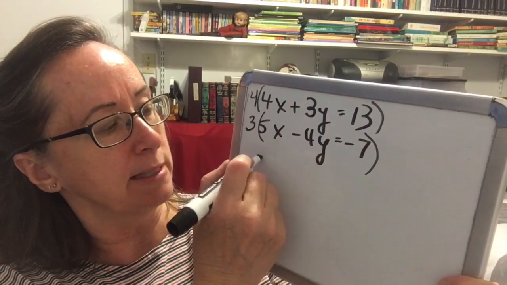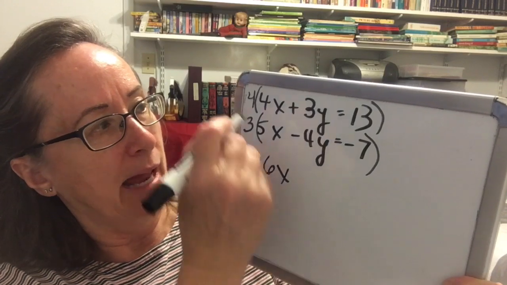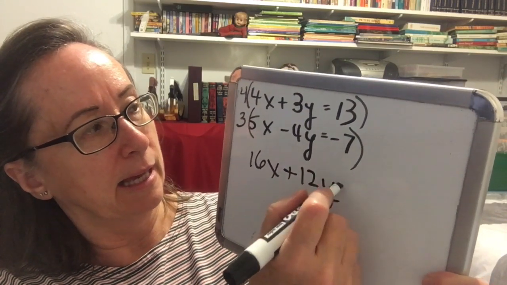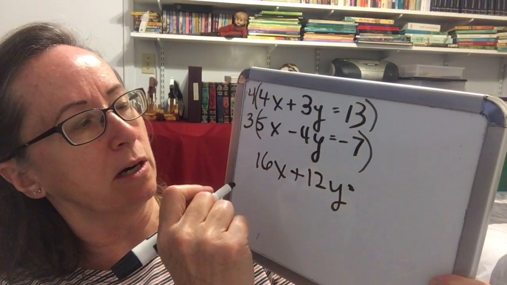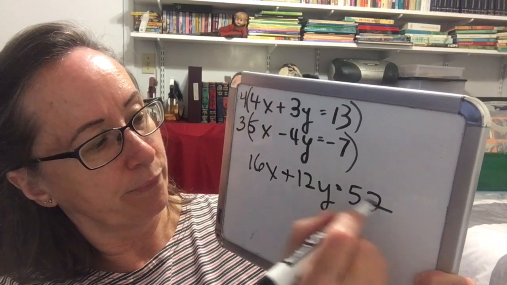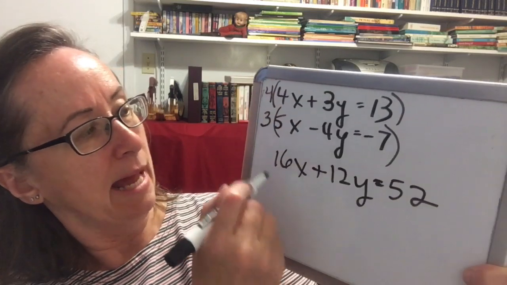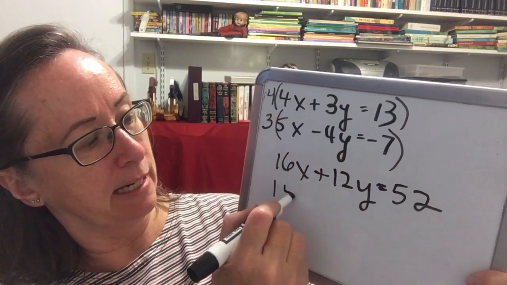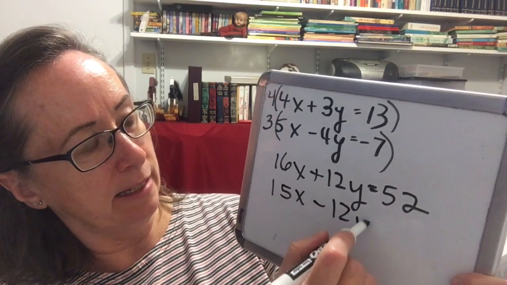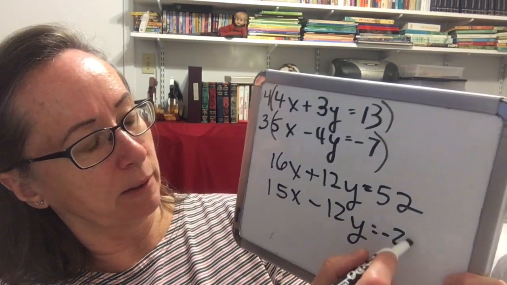So 4 times 4 is 16x, and then plus a 12y, is 13 times 4 is a 52. Okay, then on the bottom I get a 15x minus a 12y is a negative 21.